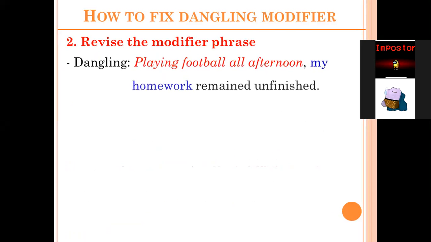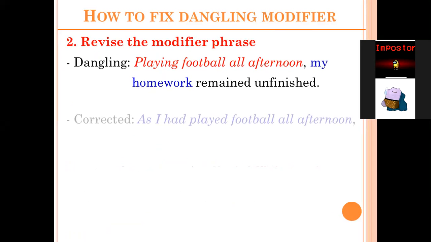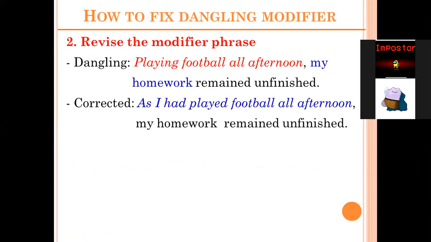You can see the dangling modifier, "Playing football all afternoon, my homework remained unfinished." Now I can correct it another way by saying, "As I had played football all afternoon, my homework remained unfinished."